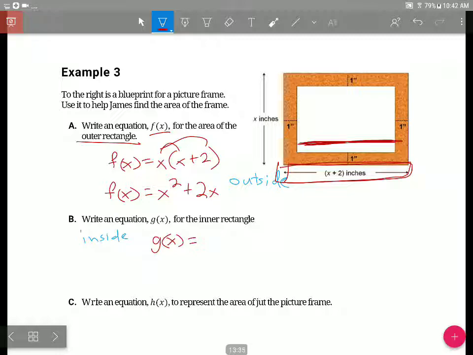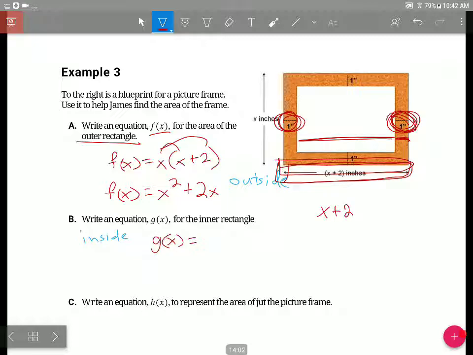Well, let me ask you this. If I'm going from this outside right here to the inside, are we adding something to it or are we taking something away? You're taking something away. I'm taking something out over here, right? Because I'm making it shorter on the right. Am I making it shorter on the left too? Yes! Okay, so my outside is x plus 2.